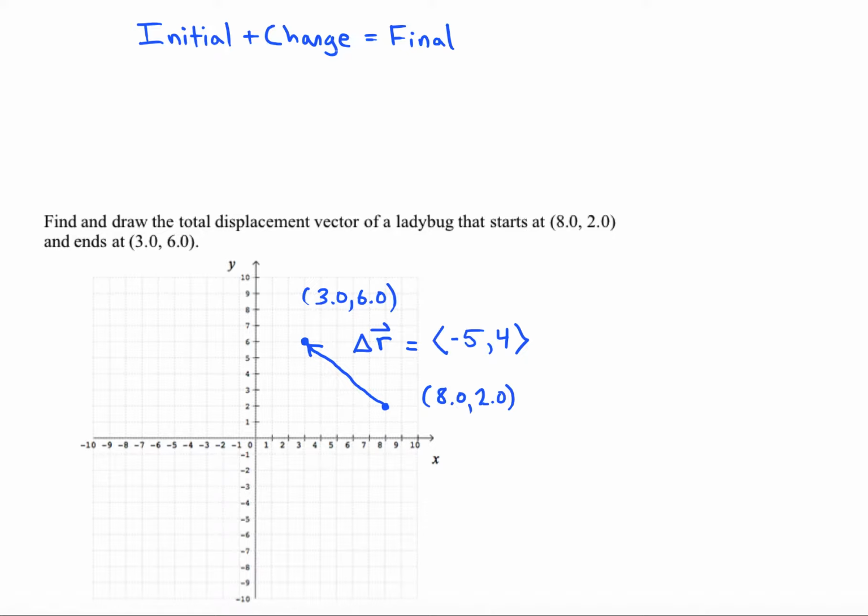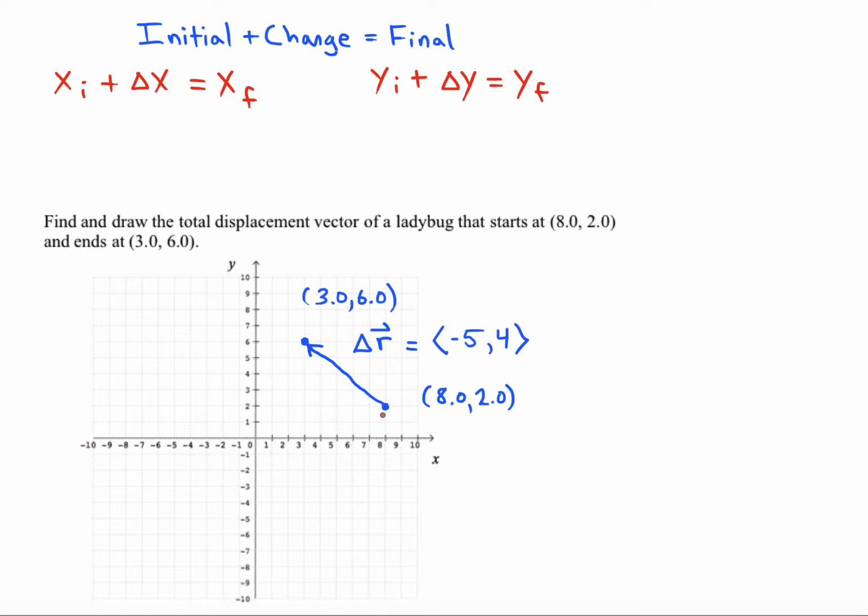Or if we were dealing with a vertical dimension, we would use yi plus delta y equals yf. Now we can actually do that here. We can separate our displacement into two components. So if we want, we can use xi plus delta x equals xf, and we'll also use yi plus delta y equals yf.